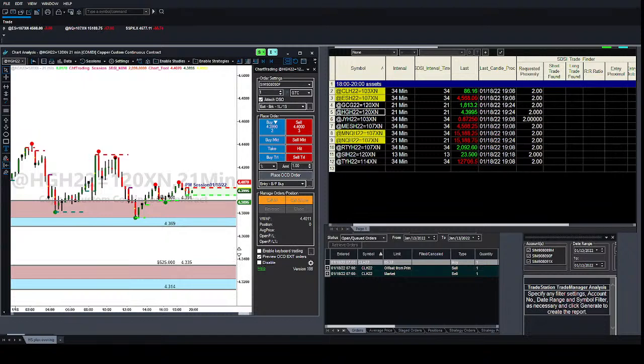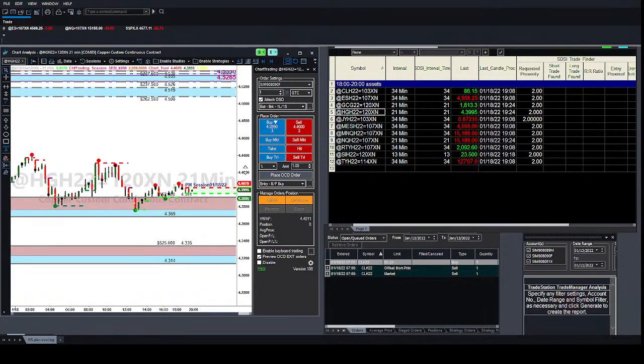Yep. I've tried to use the matrix and the chart trading seems to work better for me. But what I've found is sometimes when you're trying to set a trade, getting it exactly where you want it can be a challenge.